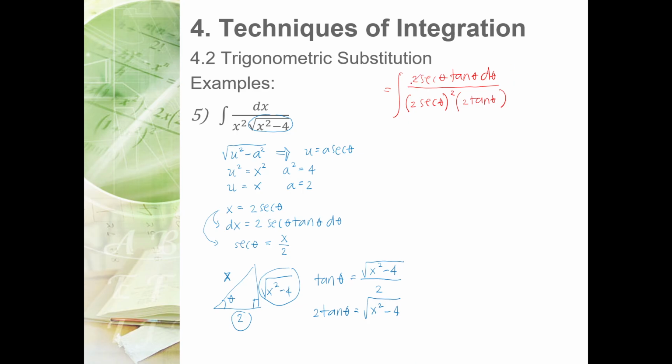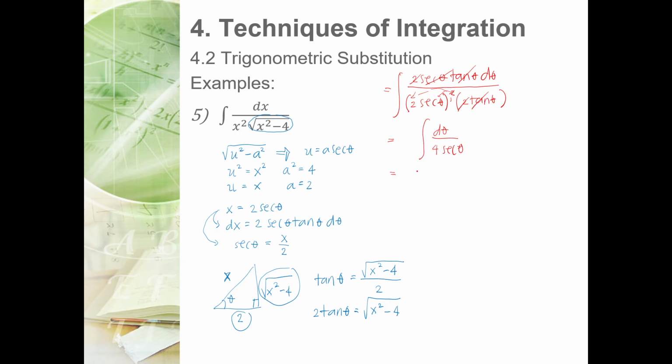Okay, so cancel out 2, cancel out tangent. So this one is 4, this one is squared. So cancel out 1 secant and then cancel out 1 secant in the denominator. So this leaves us with d theta all over 4 secant theta.